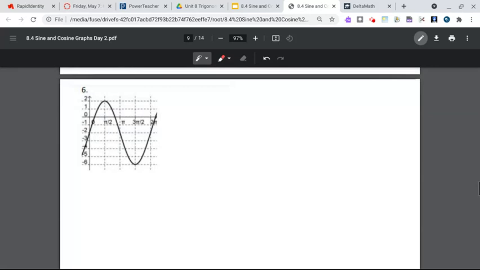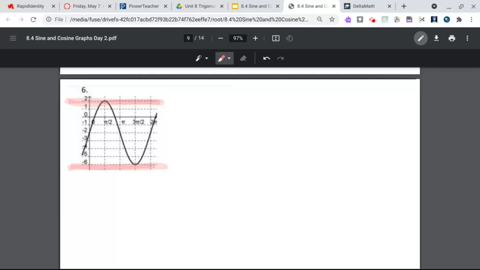Okay, next graph. It reaches as high as 2, there's its maximum. It reaches as low as -6. So in order to find its amplitude, I need to go 2 minus -6, which is 8, divided by 2 is 4.